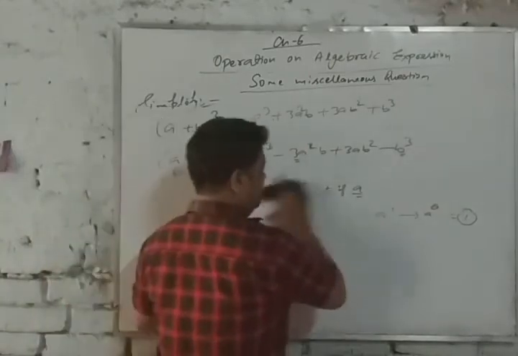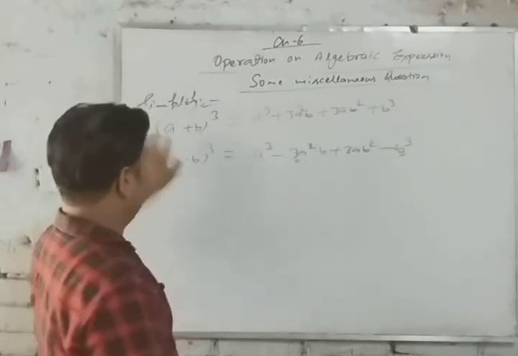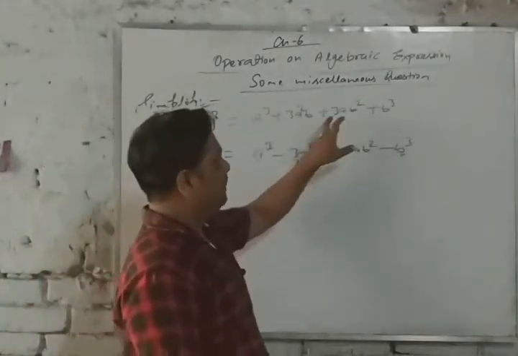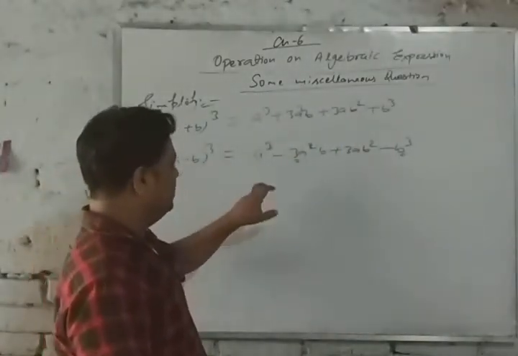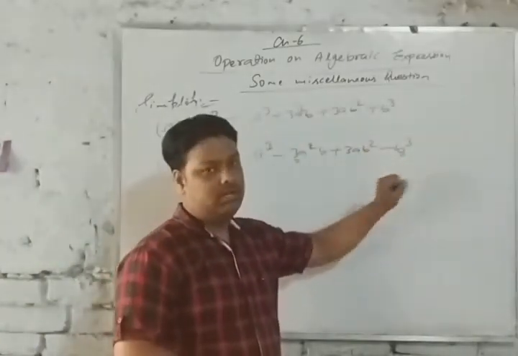So now students, today we have learned 4 more identities. First, (a plus b) to the power 3 is equal to a cube plus 3a square b plus 3ab square plus b cube. Second, (a minus b) to the power 3 is equal to a cube minus 3a square b plus 3ab square minus b cube.